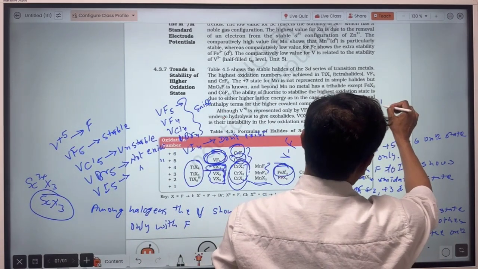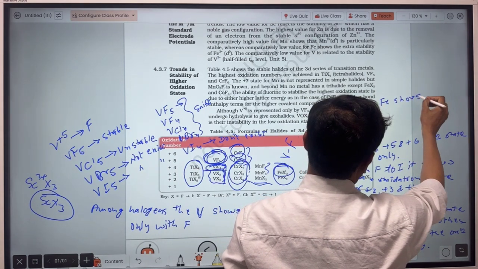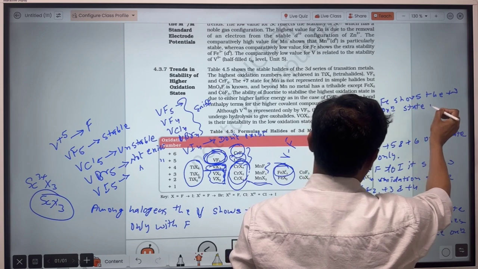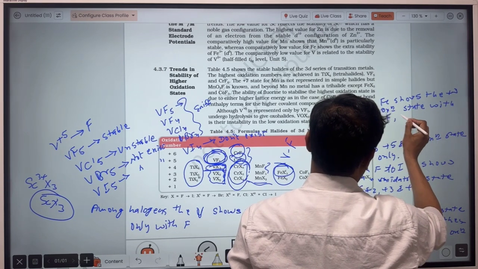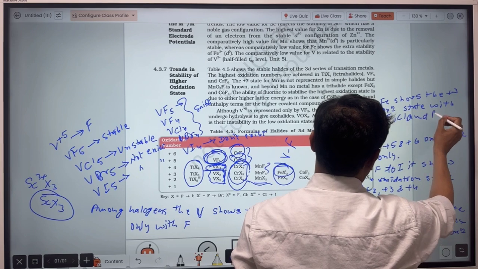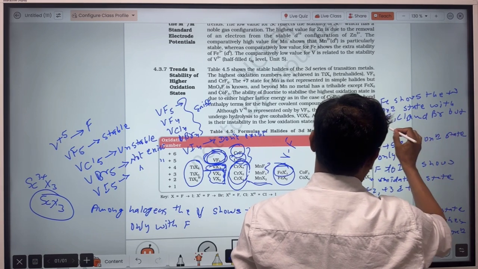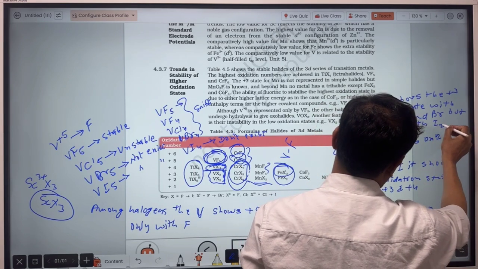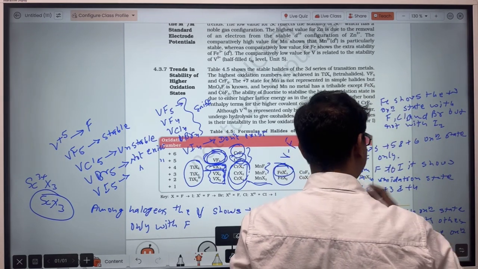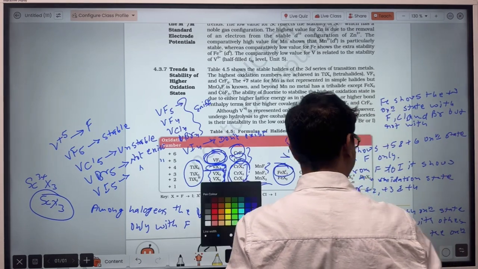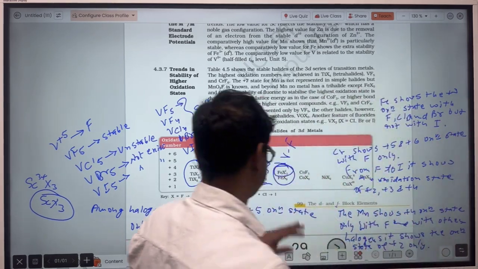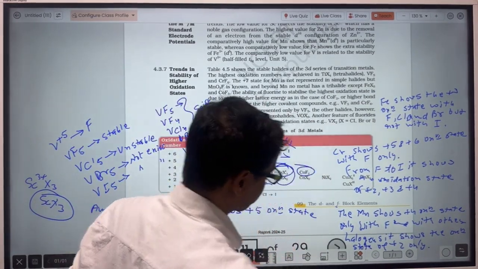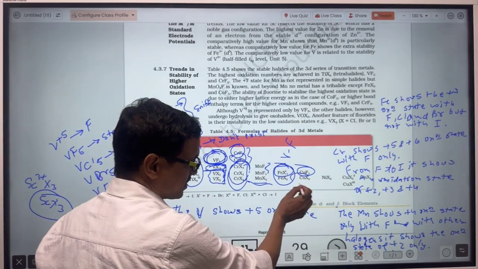Clear here? Same here, cobalt shows the +3 oxidation state only with fluorine, and with other halogens it shows the +2 oxidation state.